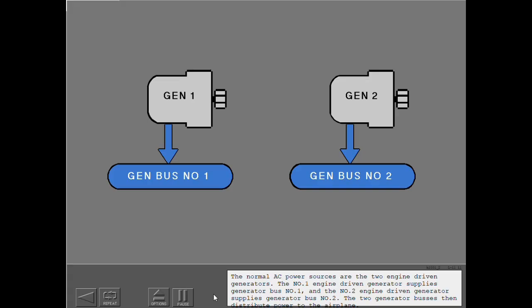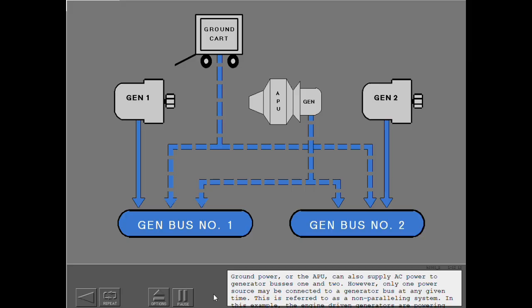The two generator buses then distribute power to the airplane. Ground power, or the APU, can also supply AC power to generator buses 1 and 2. However, only one power source may be connected to a generator bus at any given time. This is referred to as a non-paralleling system.